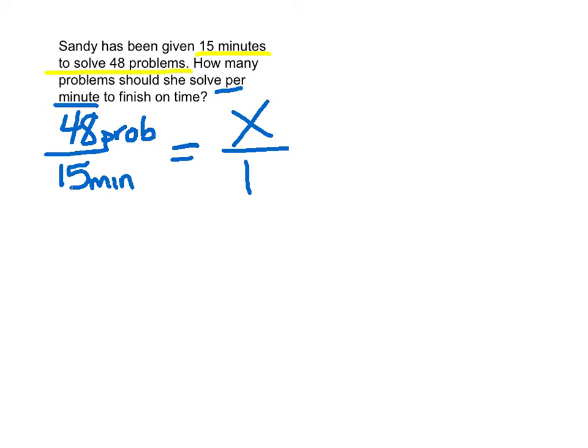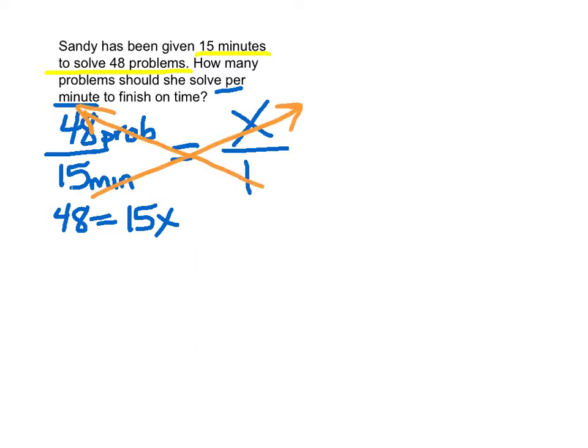Okay, so now we're going to solve our algebra and say that we have 48 is equal to 15x. And all I did here to get that was use my cross products for this proportion. 1 times 48 is 48, and 15 times x is 15x.